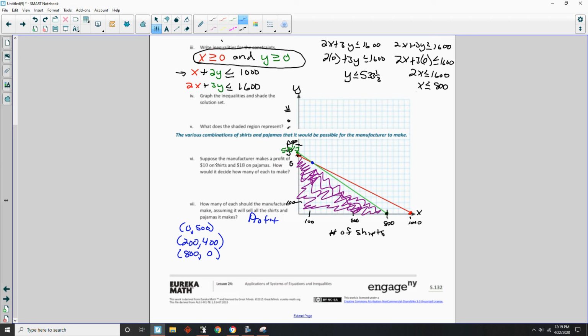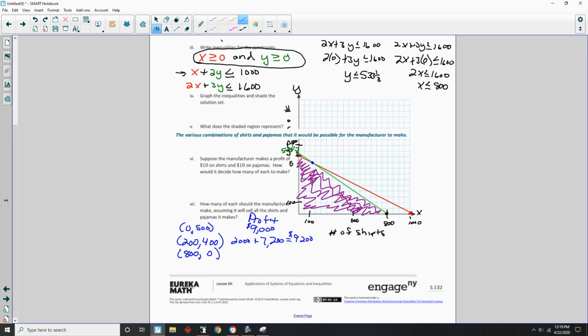$10 on shirts. 10 times 0 is 0. 18 times 500 is $9,000. So they'd make $9,000 on this one. 10 times 200 is 2,000, plus 18 times 400 is 7,200, which equals 9,200.